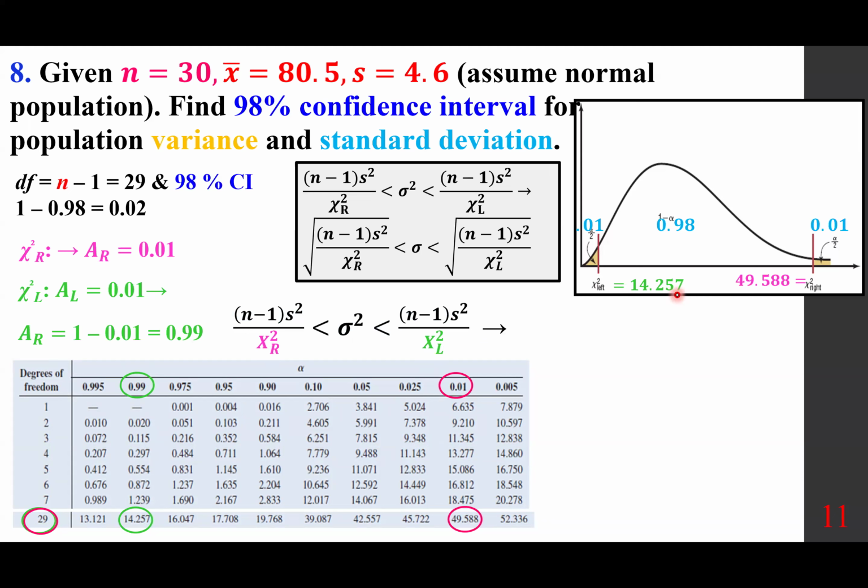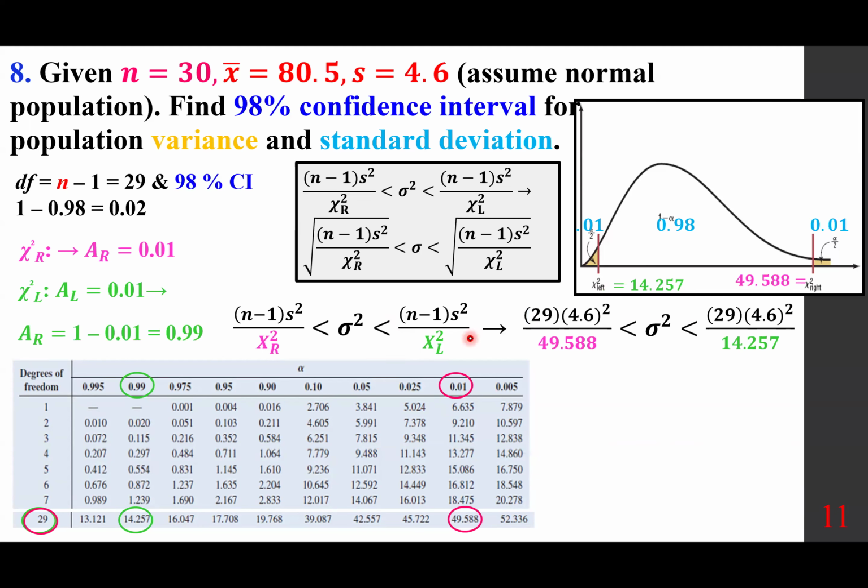So having said that, into this formula goes everything we've got. N minus 1, of course, is 29. S, 4.6 squared. So that's the numerator for both cases. Now, chi-squared of the right is this number, put it here. Chi-squared of the left is this number, put it here.